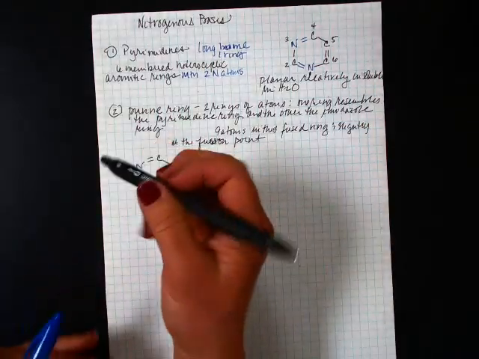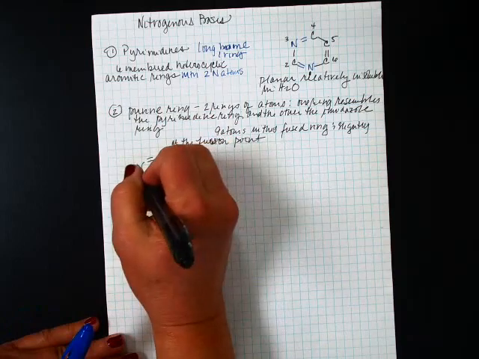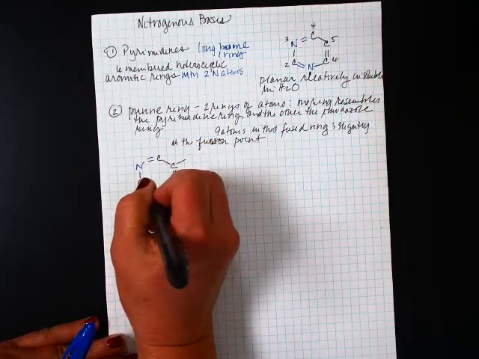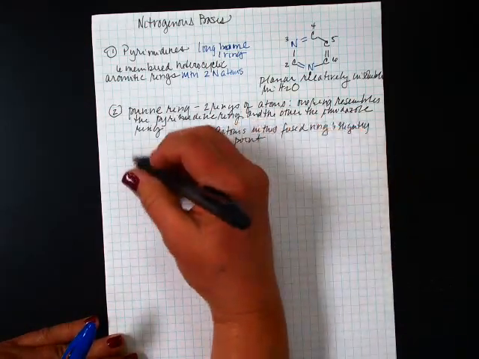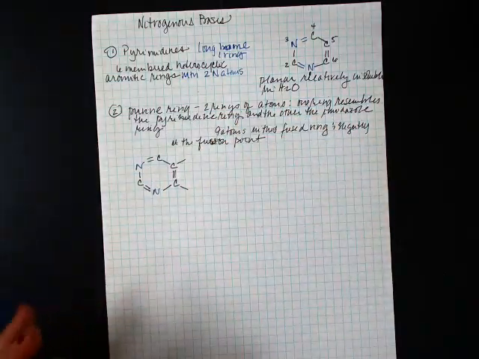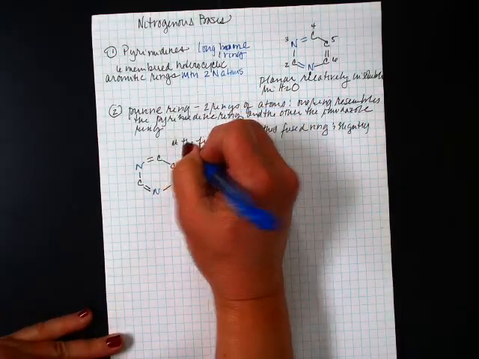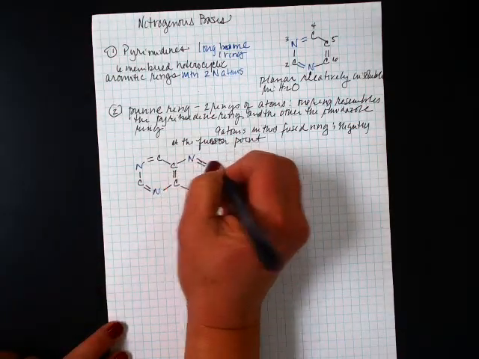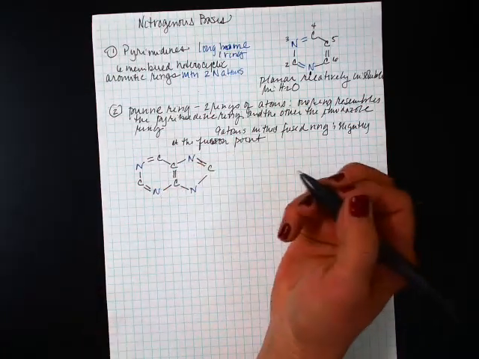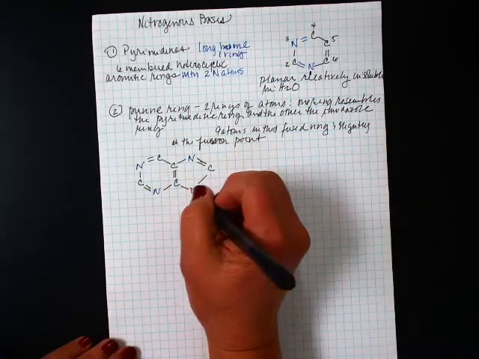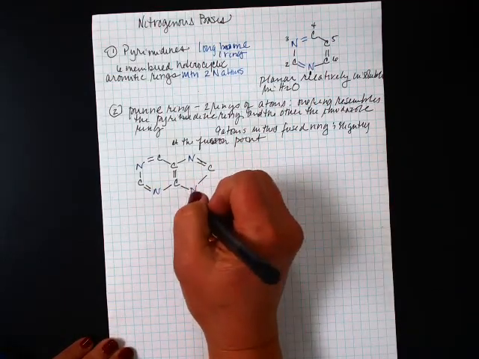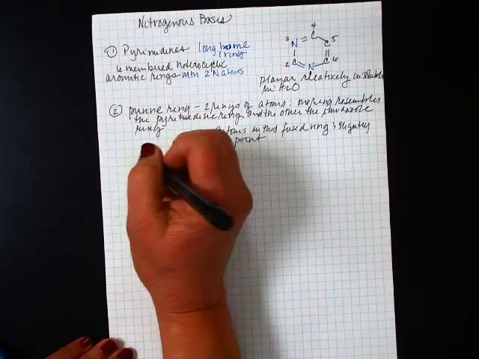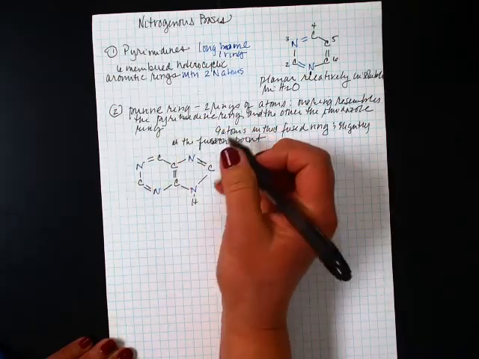And carbon double bonded to that nitrogen. And then nitrogen, nitrogen, double bond C, single bond. Numbering here, and there's a hydrogen here attached to this particular nitrogen.